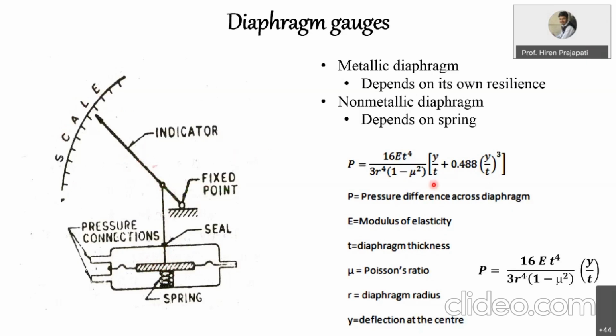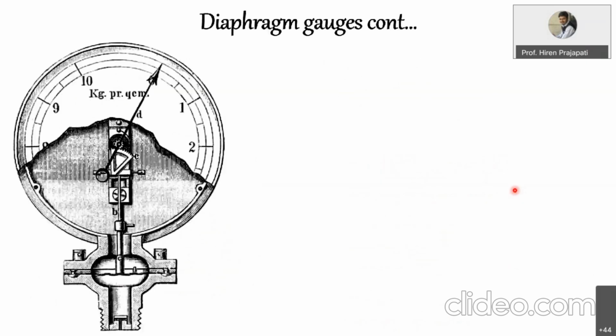And this is the relation of diaphragm deflection with the pressure change. So this is the internal mechanism. It looks like this. This is the diaphragm, right?